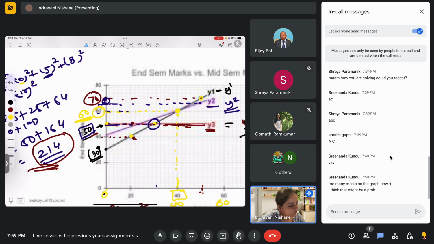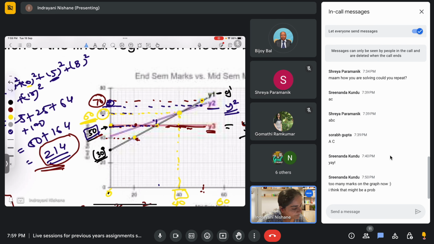And what is our line saying? The line model is saying for this value of x roughly 55, approximate we can say, Shreya, this value is 55. So what will be the difference between actual value and predicted value? 5. So we have written 5 over here, right? This 5 square.